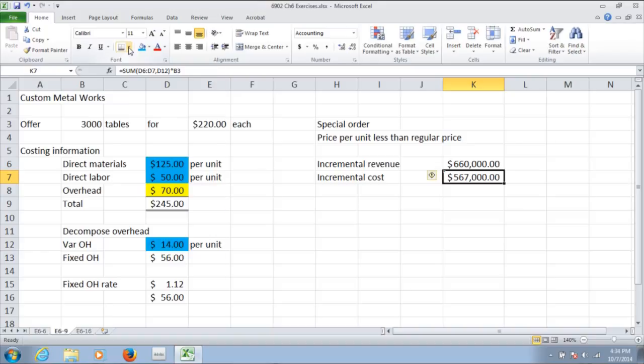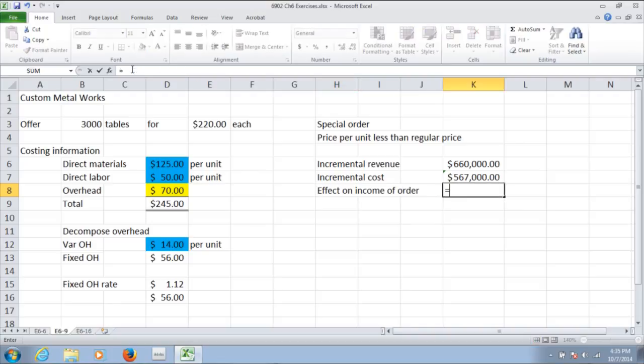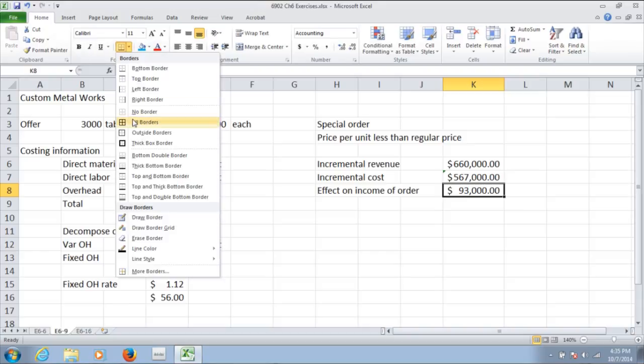And what we see here is that the effect on income of the special order is an increase in net income of $93,000.